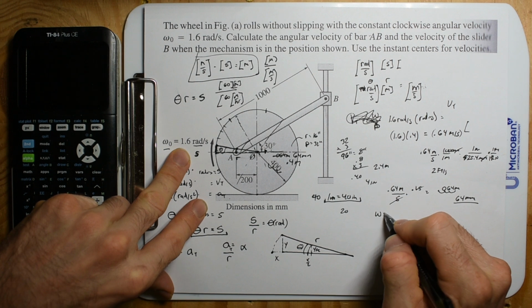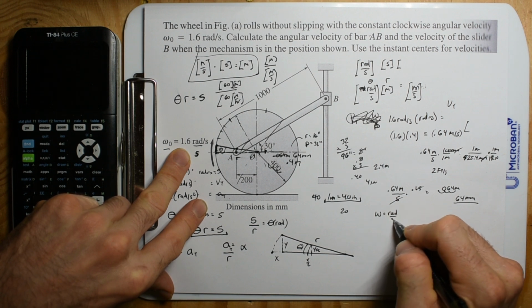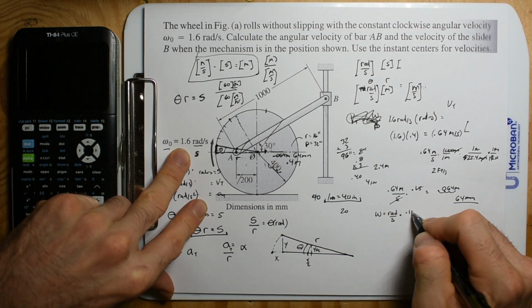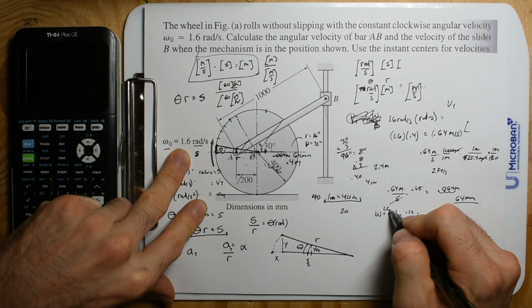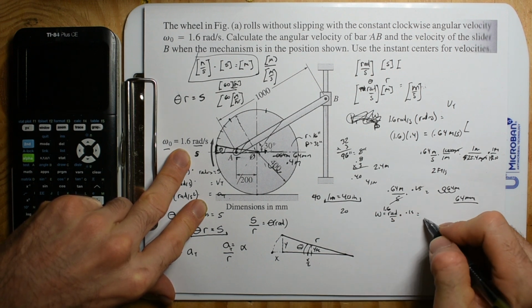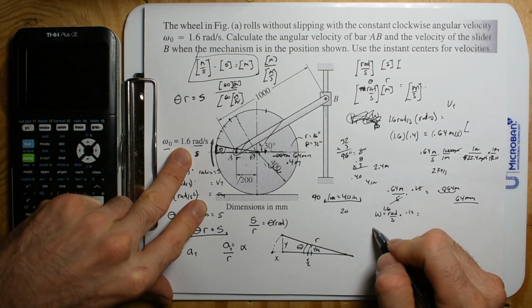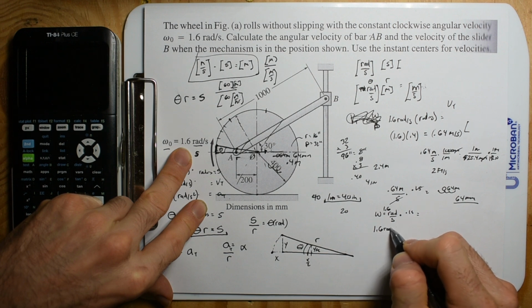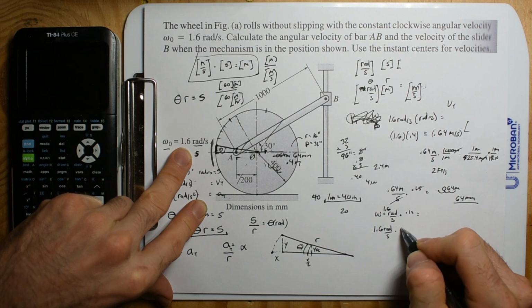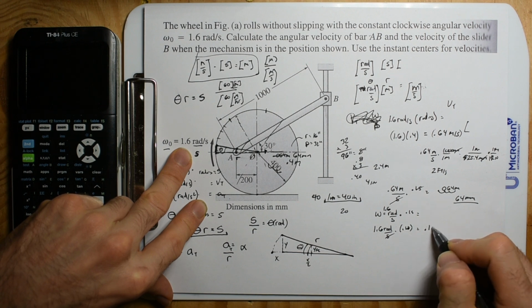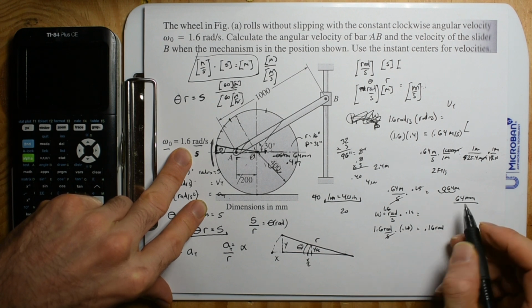So radians per second times 0.1 seconds. We have 1.6 radians per second times 0.1 seconds. This gives us 0.16 radians.